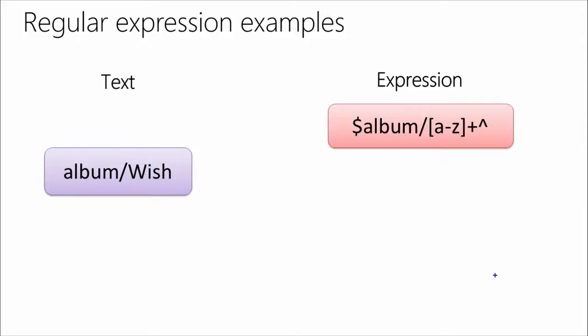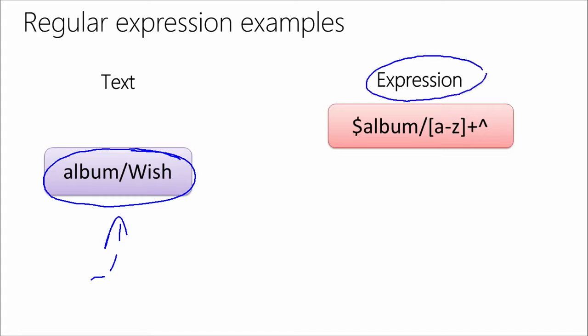So let's go back to our little example here where I've got a bit of text over here. Album/with. You'll notice that I'm using more of a URL pattern. And there's my expression. I've got the dollar and the caret, meaning that it has to start and end with that. I've got the hard-coded letters ALBUM/.